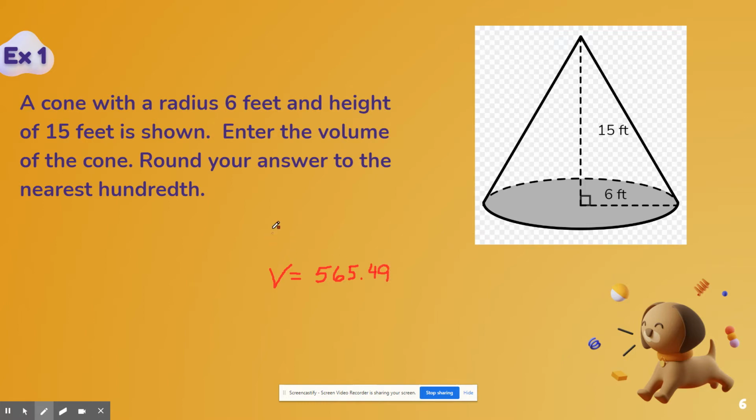And that's assuming that we entered in our formula as volume equals 1/3 times pi times 6 squared times the height of 15. Now, in our answer, we would obviously include the units, and it's cubed because volume's cubed.